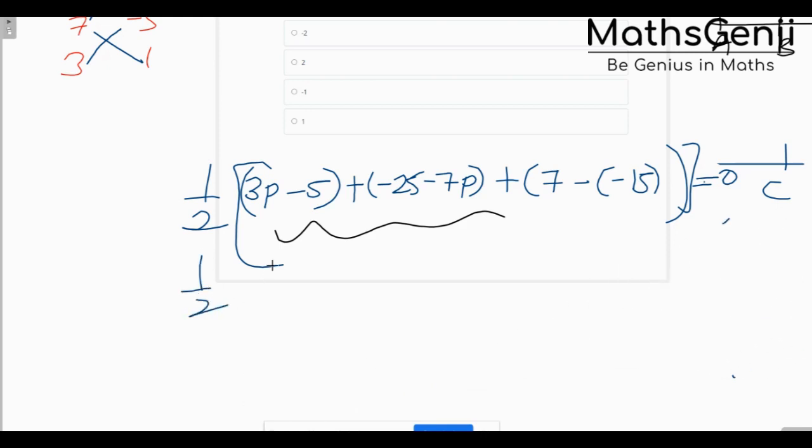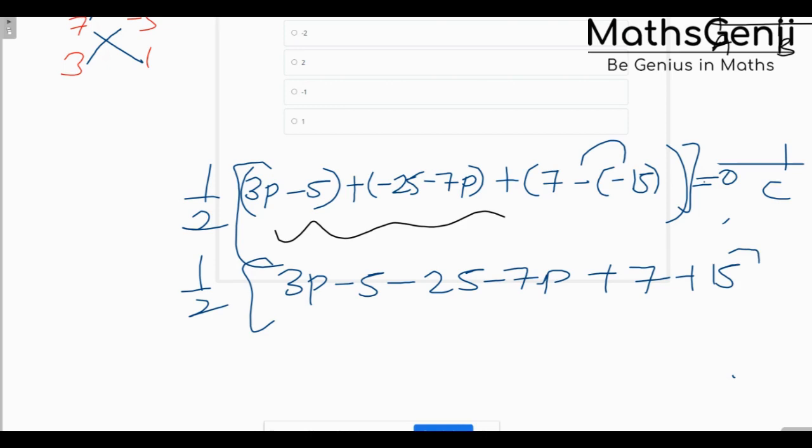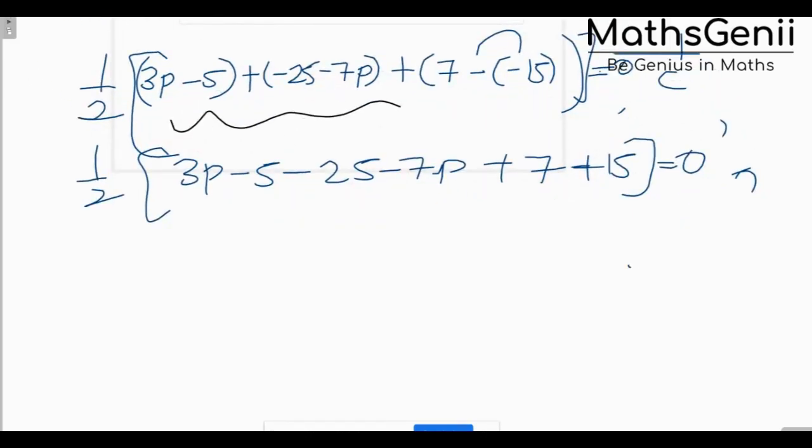Now half into, let me quickly open these brackets. Minus 25 minus 7p. Only change that will be there in the question is this, minus minus plus. Now multiply numbers, add numbers and add variables. So p, I'll add 3p minus 7p, 3 minus 7 minus 4. Then add this, minus 5 minus 25 plus 7 plus 50.